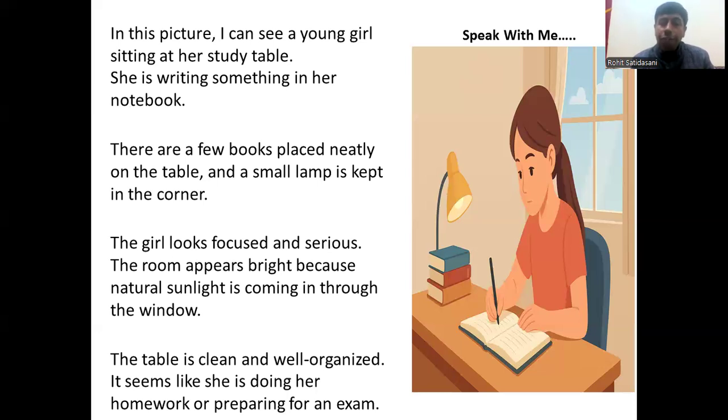There are a few books placed neatly on the table, and a small lamp is kept in the corner. The girl looks focused and serious. The room appears bright because natural sunlight is coming in through the window. The table is clean and well organized. It seems like she's doing her homework or preparing for an exam.